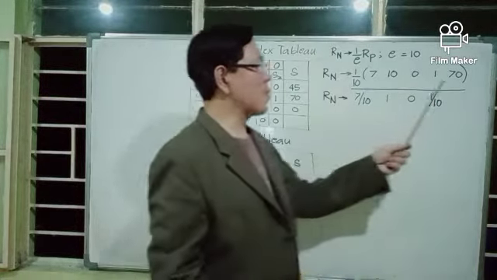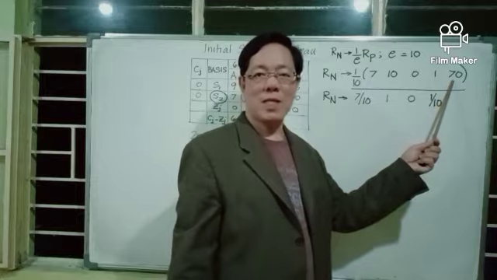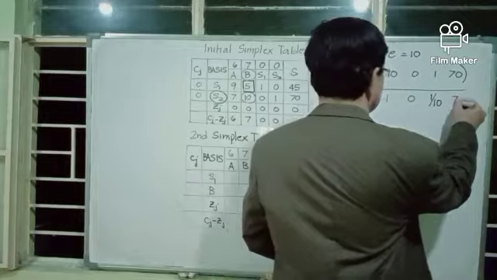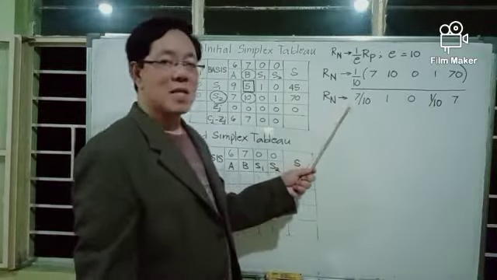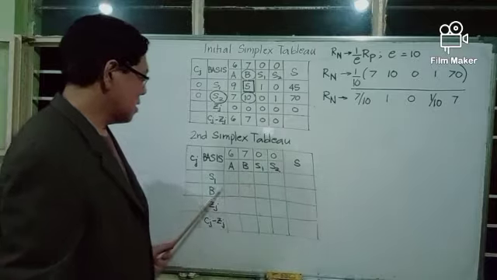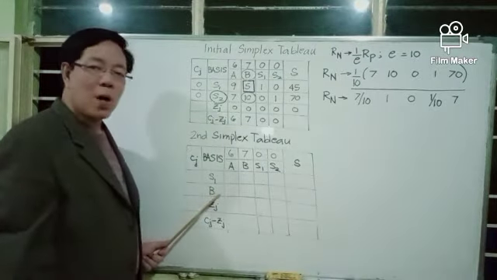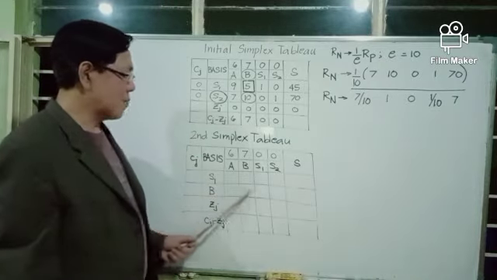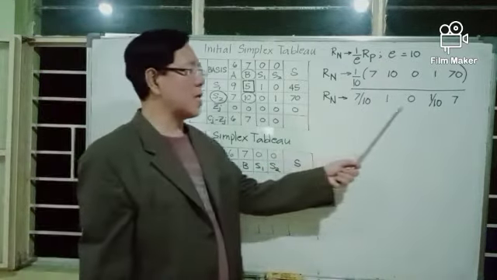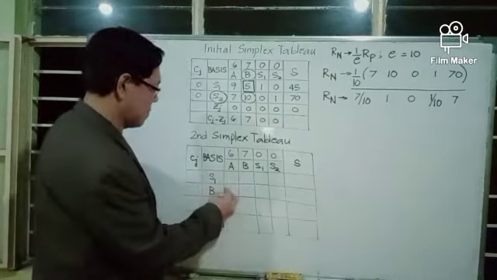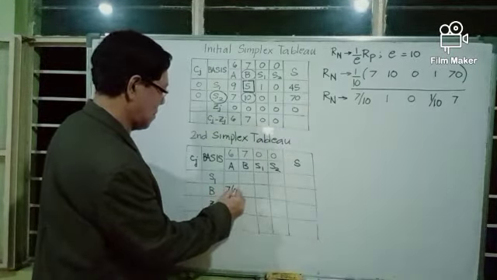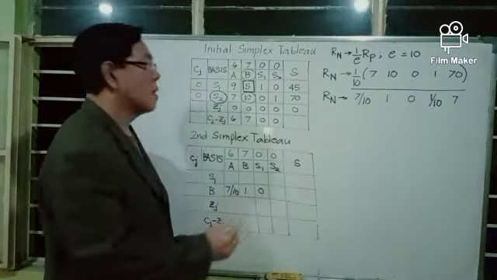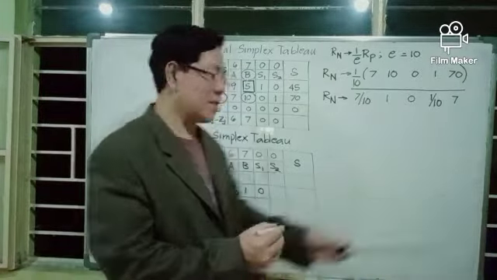And 1 over 10 multiplied by 70 is 70 over 10, or 70 divided by 10, which is 7. We now write these numbers in the row of B, which was originally the row of S2. This is now the new pivot row with these new entries: 7 over 10, 1, 0, 1 over 10, and 7.